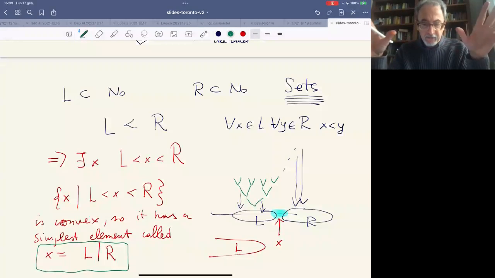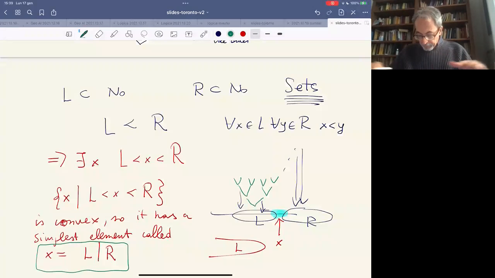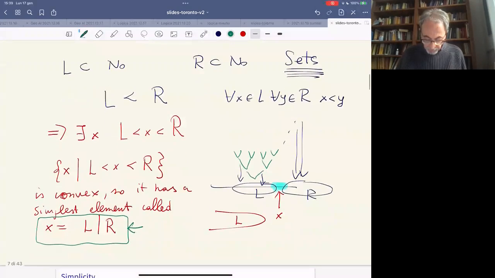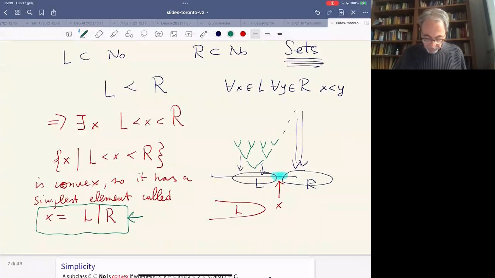It's not a real Dedekind cut because the union is not the whole class of surreals. Of course, since they are sets, the union of the two is not the whole class of surreals. So there will always be something in between, and there is a simplest element in between, which is denoted in this way.